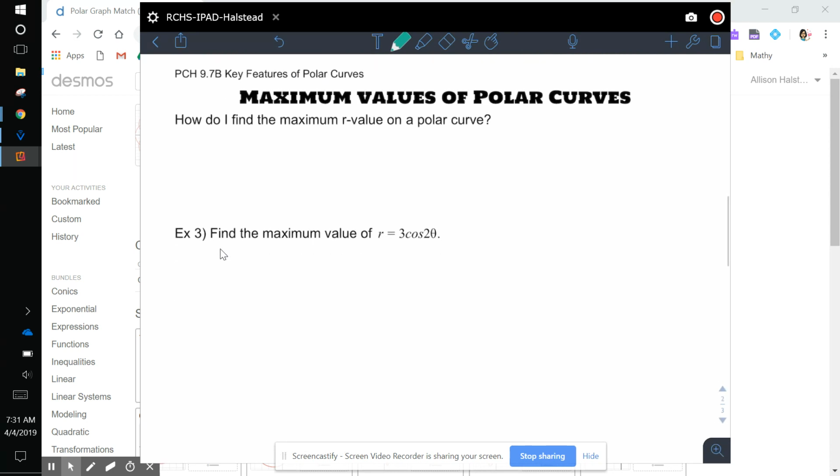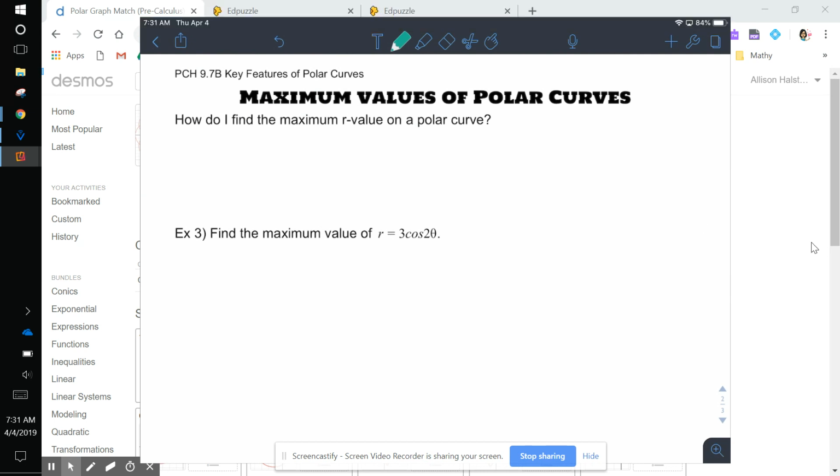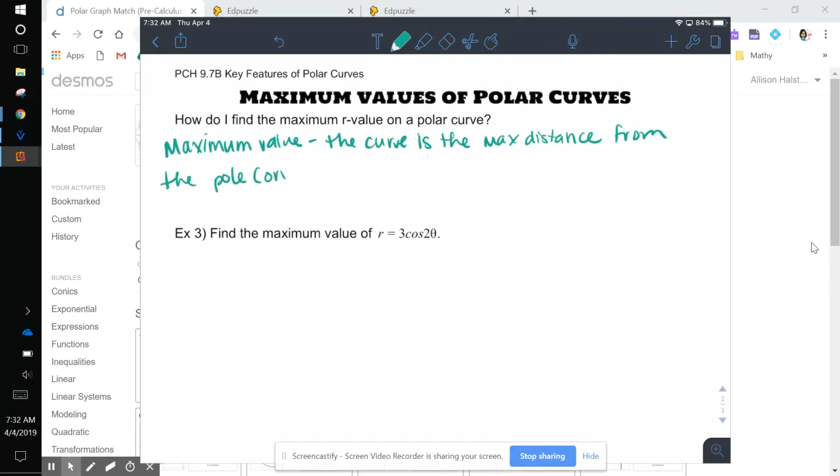All right, the other key feature we need to evaluate is our maximum values. A maximum value in a polar curve is when the curve is at the max distance from the pole, which is the origin in this case.